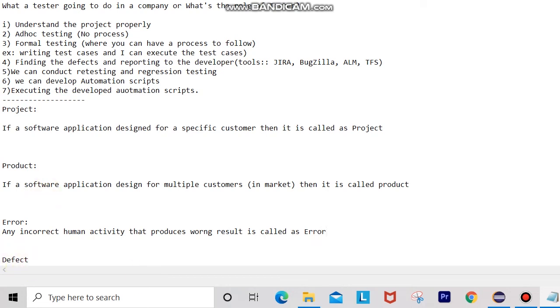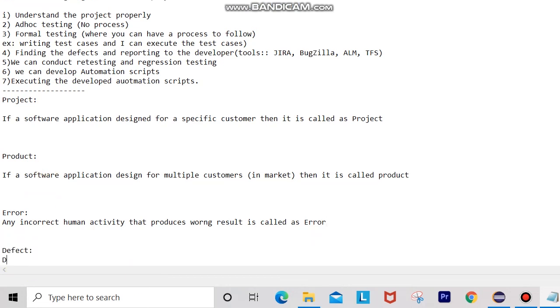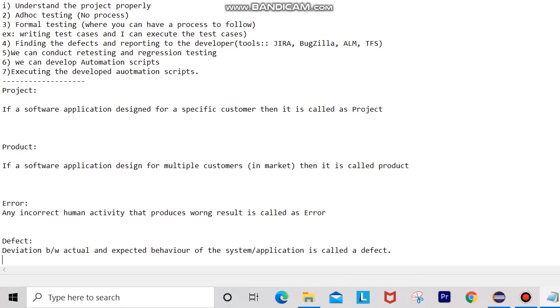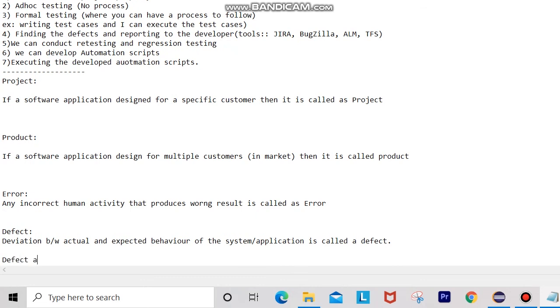And defect means deviation between actual and expected behavior of the system or application is called a defect. Defect is also called a bug or a fault. You can call defect a bug or a fault also.